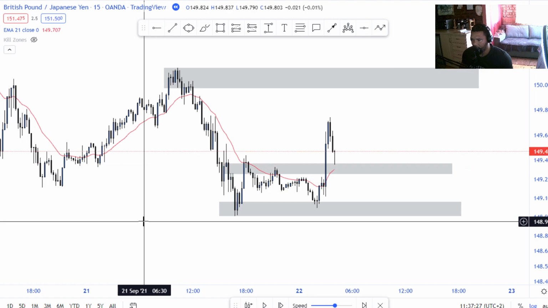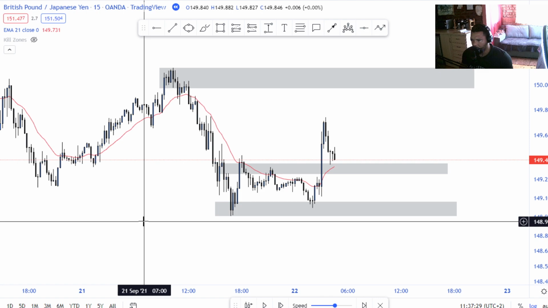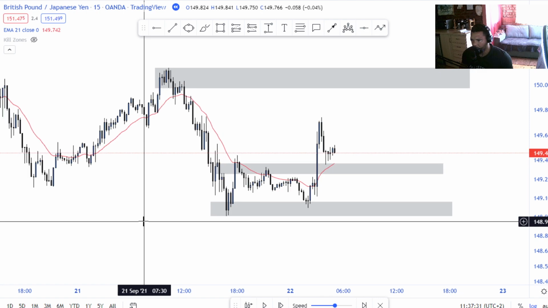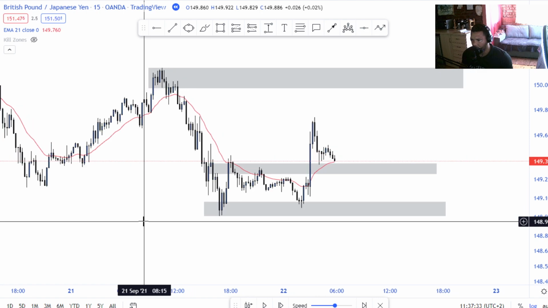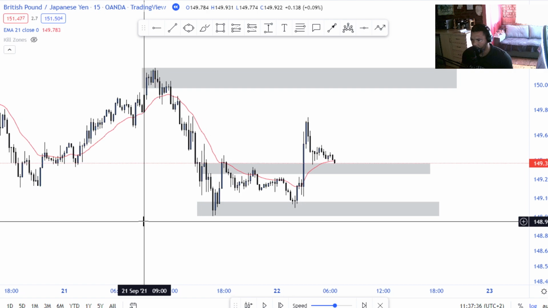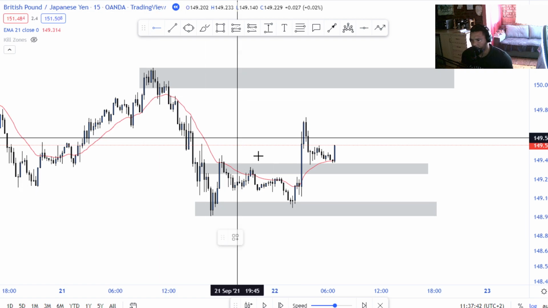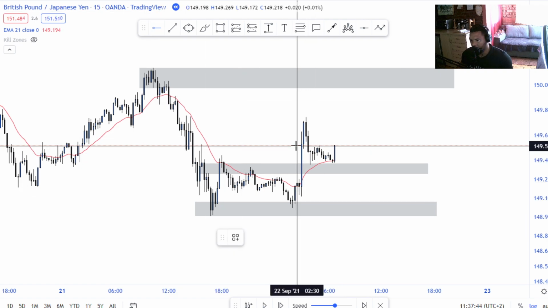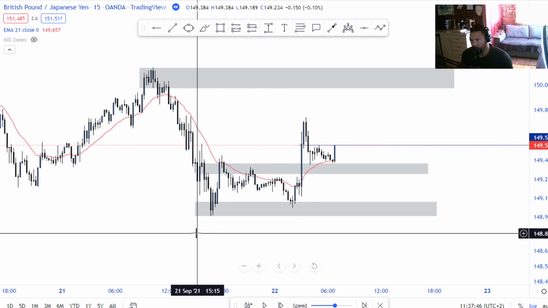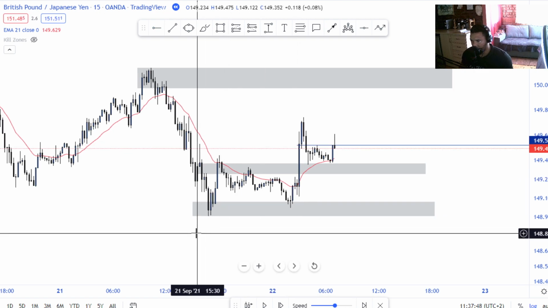There we have a retest candle. Let's see what price starts to do. Okay, that candle is okay, but guys, I can see we still have this range right here, right? So let's see.